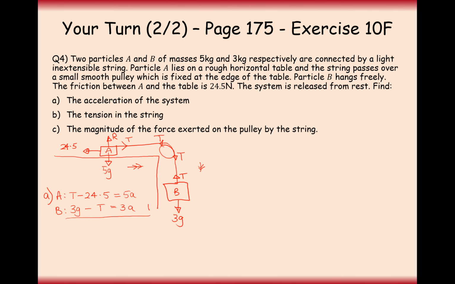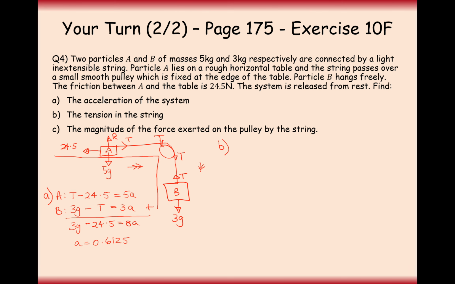So we've got a negative T and a positive T here. Let's add these two together. So 3g minus 24.5 equals 8a. And combining these two together, we're going to get 3 times 9.8 minus 24.5 divided by 8 equals 0.6125. Okay, there we are. That's the answer to part A.